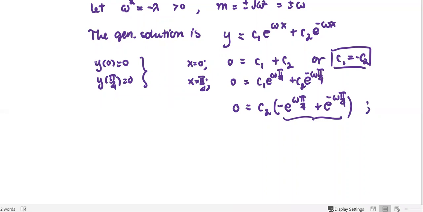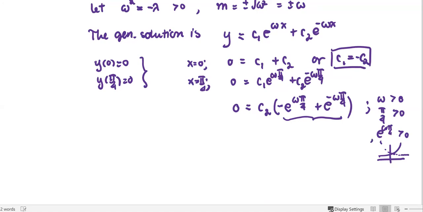Why is it not 0? Because omega is greater than 0 and pi over 4 is greater than 0. E to the power omega pi over 4 is always greater than 0 by the nature of the exponential term. If you recall, it will not be 0, it just approaches 0 or approaches infinity, and the negative power acts the same way.